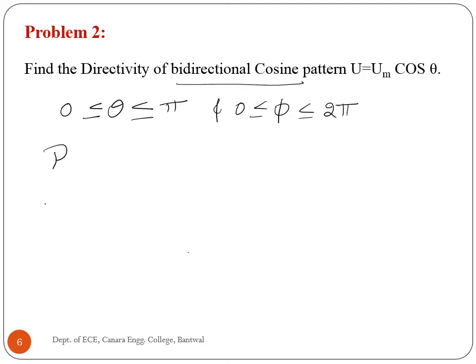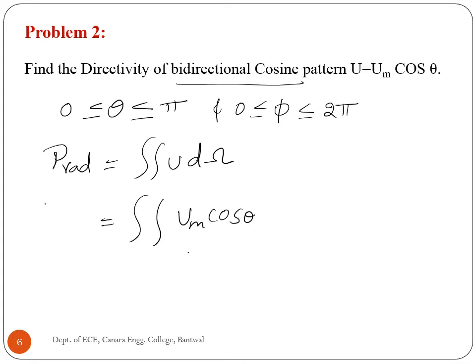So the exact directivity: radiated power is equal to the integral of U d omega, which is equal to the integral of Um cos theta sin theta d theta d phi. D omega is sin theta d theta d phi, phi is 0 to 2 pi, theta is 0 to pi.